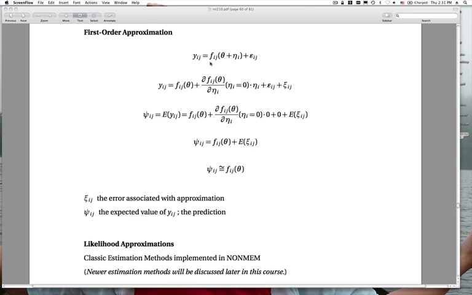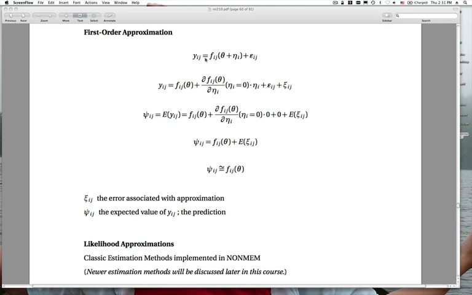Well, when the structural form Fij here is a nonlinear model, we actually end up with a difficulty in that the overall likelihood here is problematic because we have a prediction which is nonlinear with respect to the inter-individual random effects.